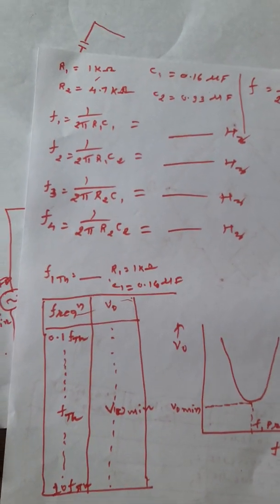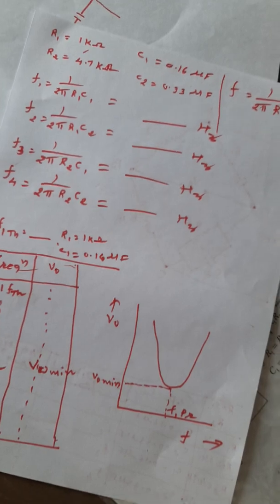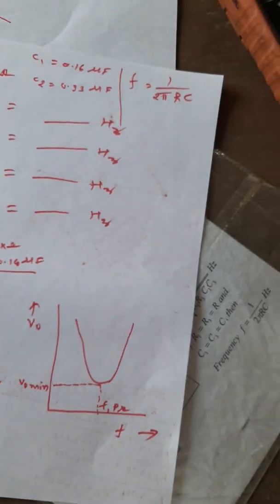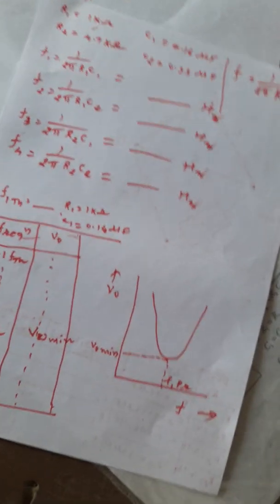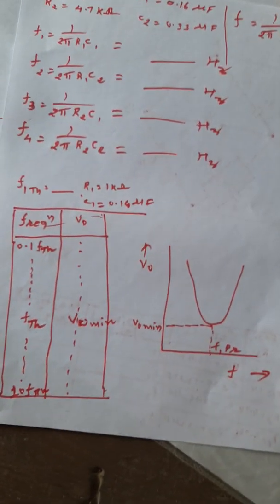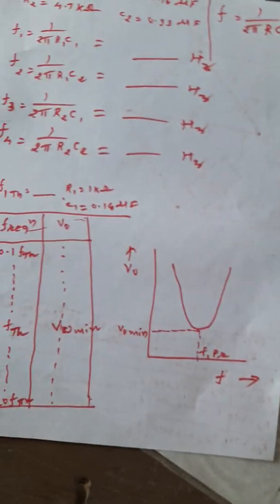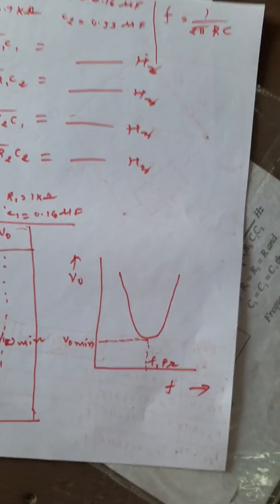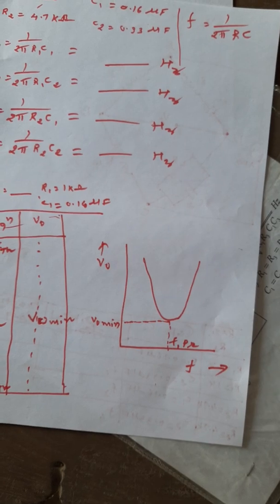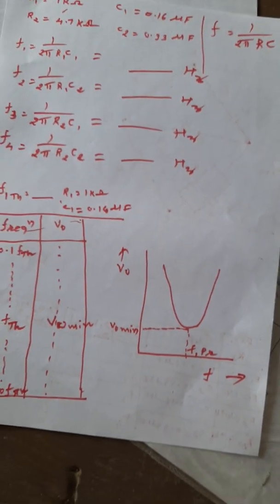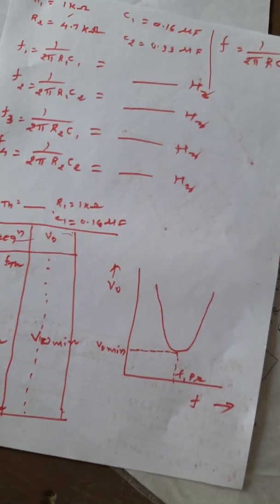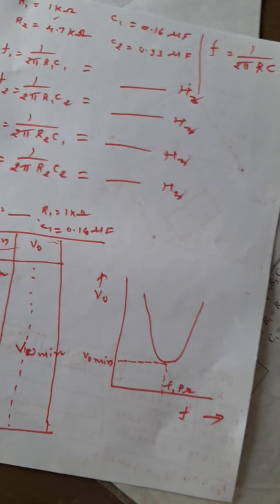For all combinations, first calculate the theoretical frequency using the formula, vary the frequency value 10 times less to 10 times greater than that theoretical frequency, obtain the output voltage for each and every frequency, plot the graph of output voltage versus the frequency, and from the graph find the value of the frequency at which the minimum voltage is available. That should be the practical frequency at which the bridge is going to balance.